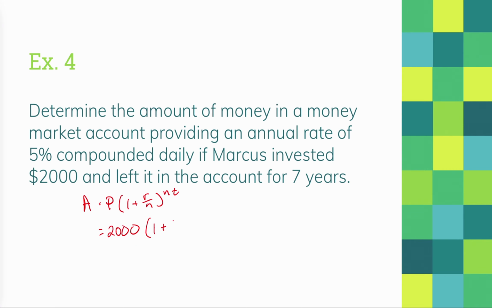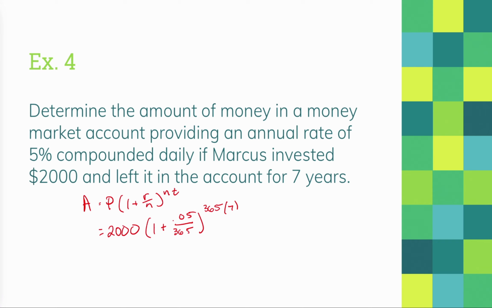Our interest rate is 5%. And we are compounding this daily, so our n is 365, 365 times compounded per year. And then for 7 years.